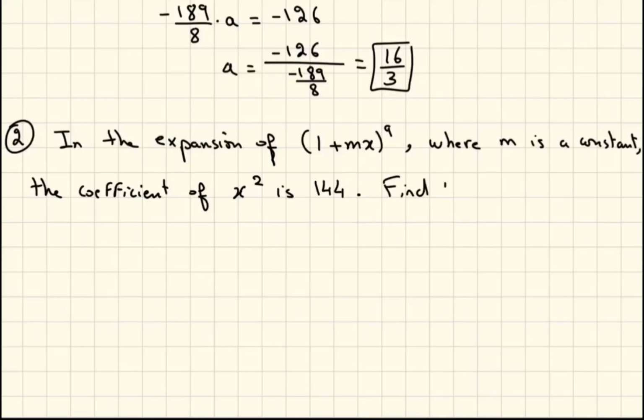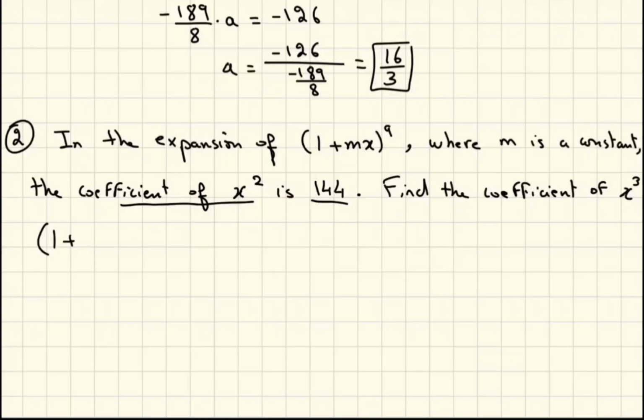The question is, find the coefficient of the term that has x cubed. Now, remember, I know the coefficient of x squared, so let's work with x squared first, and maybe from there we can find m, because I need m to find the coefficient of x cubed.